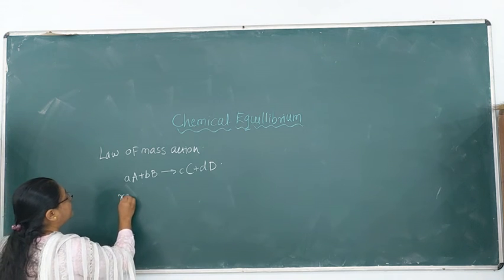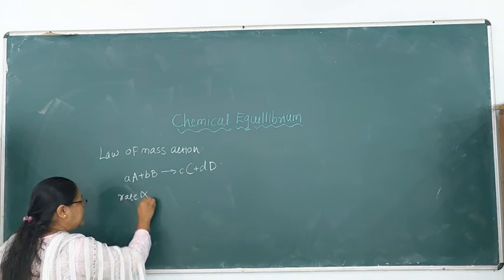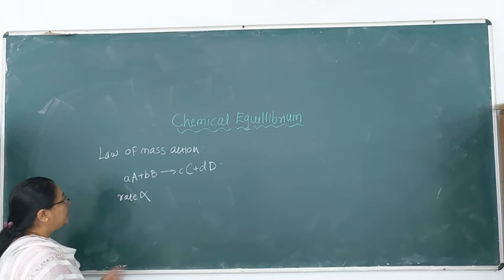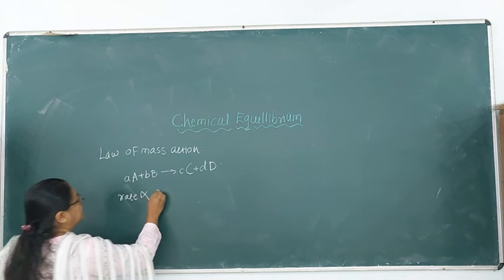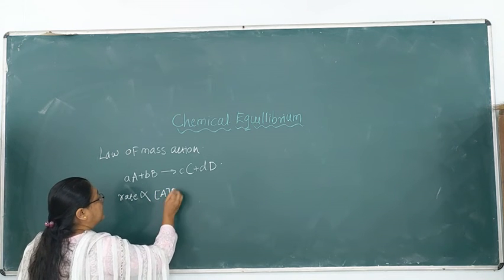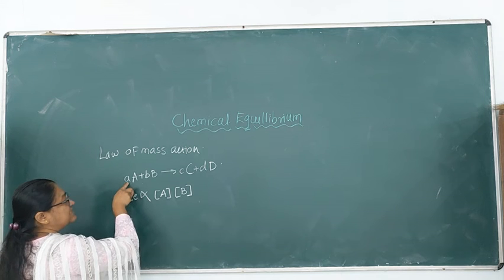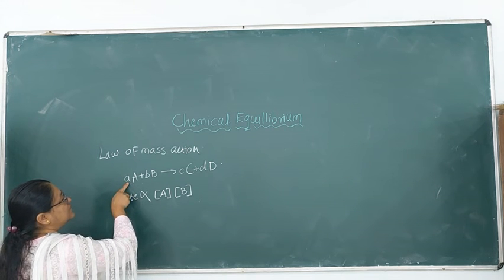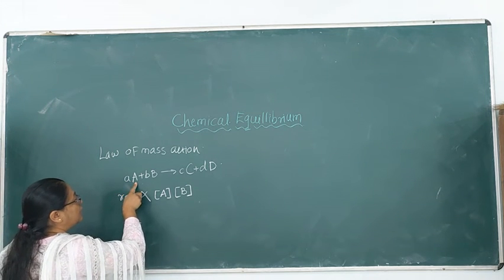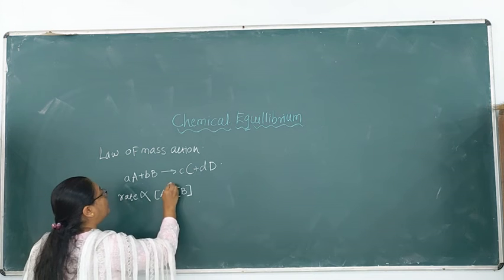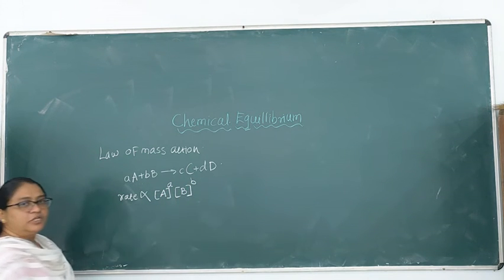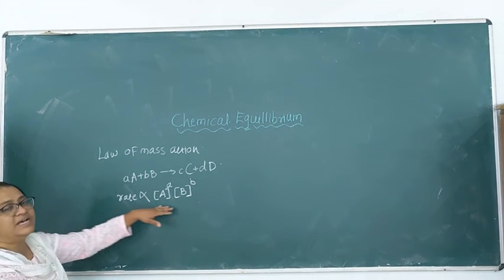Therefore, the rate of this chemical reaction is directly proportional to the concentration of the reactants raised to their proper powers, in the sense of the coefficients of the reactant molecules which are actively involved in the reaction. So this is the law of mass action.